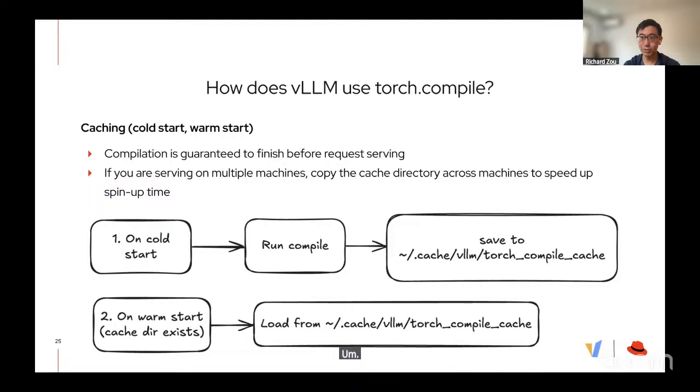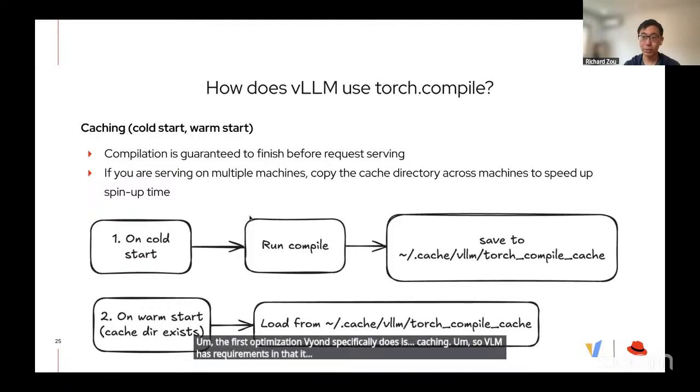The first optimization vLLM specifically does is caching. vLLM has a requirement that we want there to be no recompilations during model serving. Torch.compile is a just-in-time compiler. It can recompile. vLLM has some code to make it so it does not recompile.